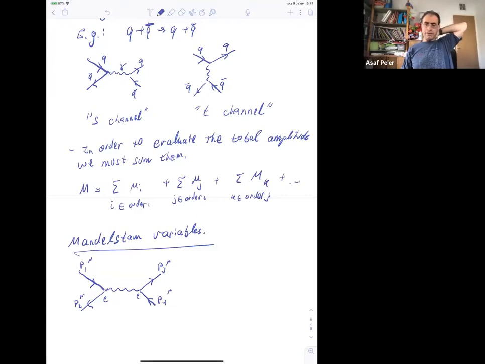So we denote the momentum of the internal line with a Q mu, but since we have conservation in this vertex, it must be equal to P1 mu plus P2 mu, because we have conservation of momentum at that vertex.